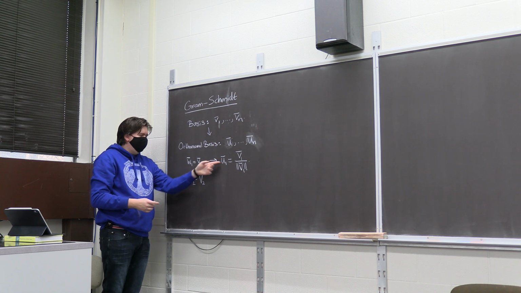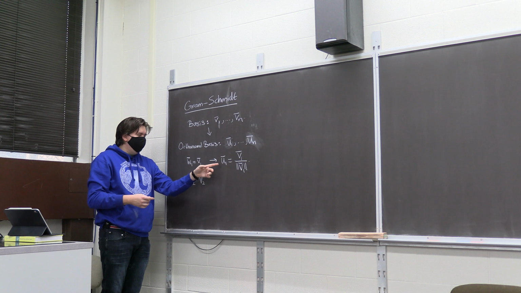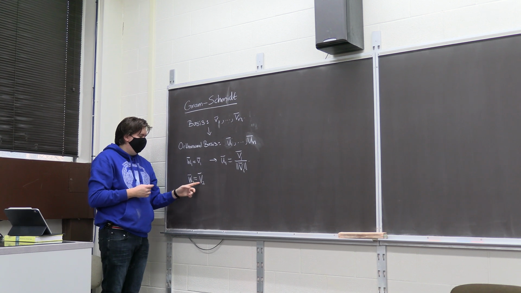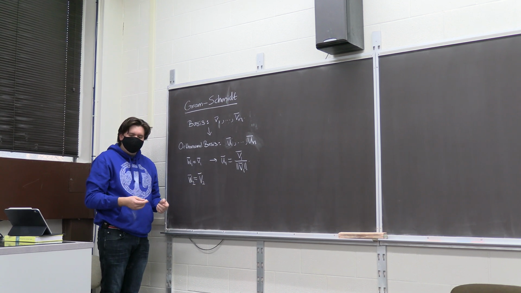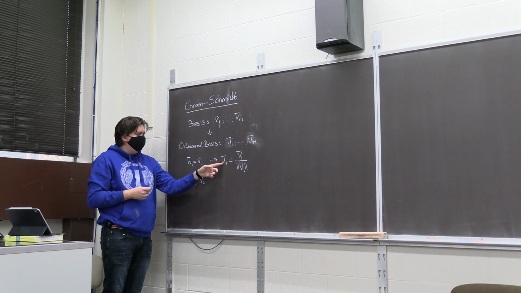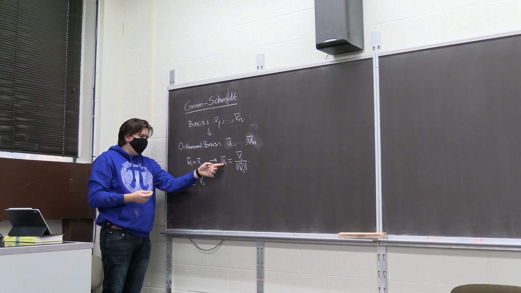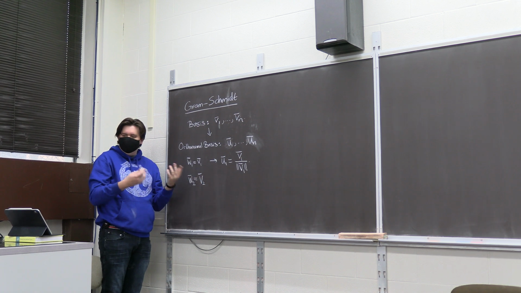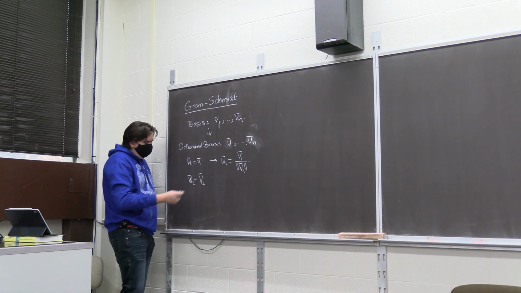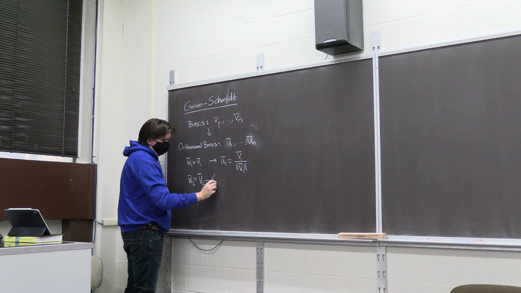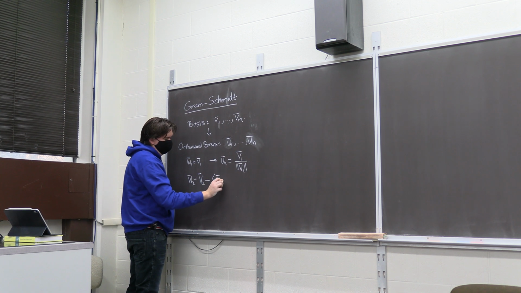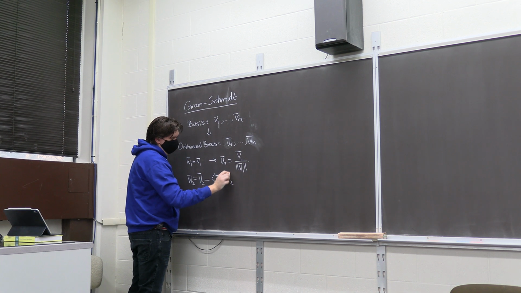Well, I want it when I take the dot product, or more generally, when I take the inner product between U1 and V2 to give me 0. But right now, when I take the inner product between U1 and V2, I don't necessarily get 0. I get whatever the inner product between U1 and V2 is. And so what I do is I just subtract that. Let's just subtract the inner product between U1 and V2.